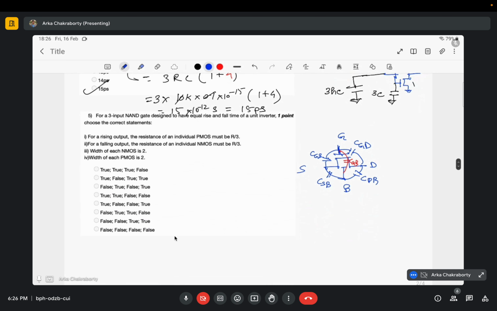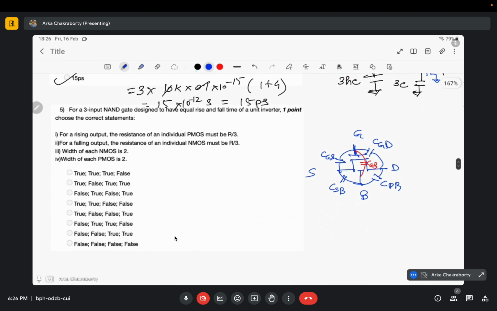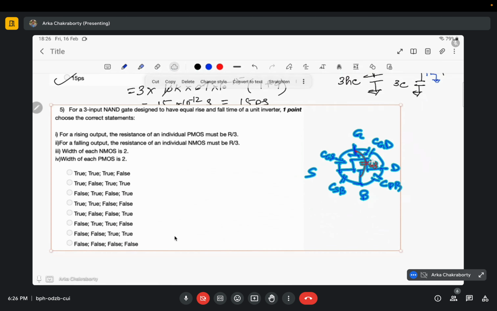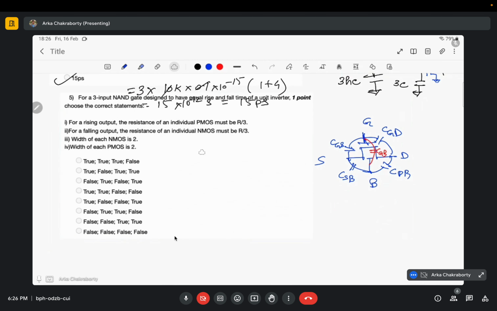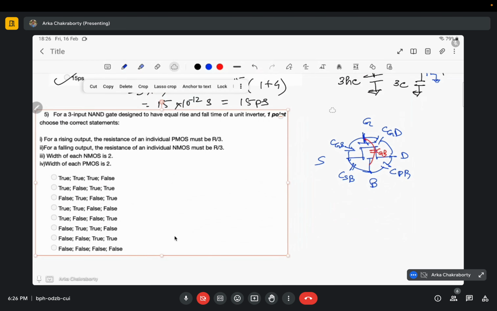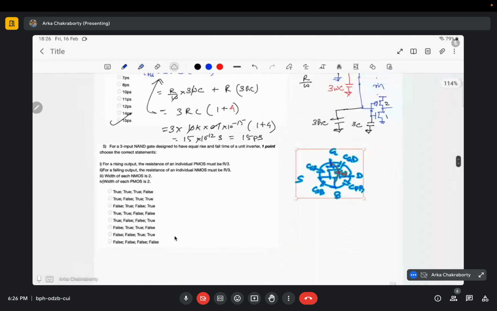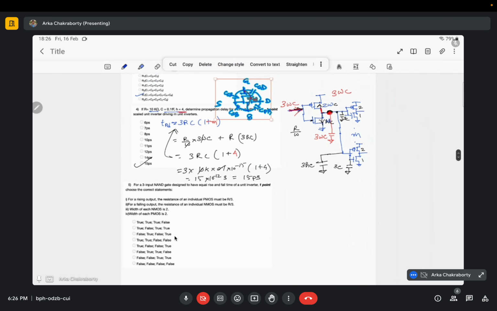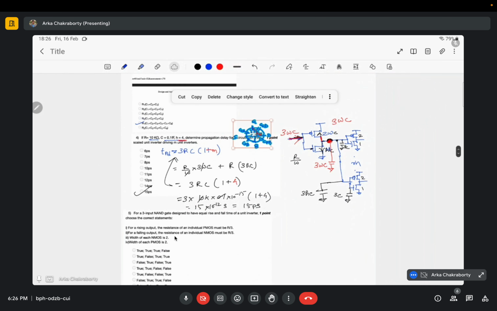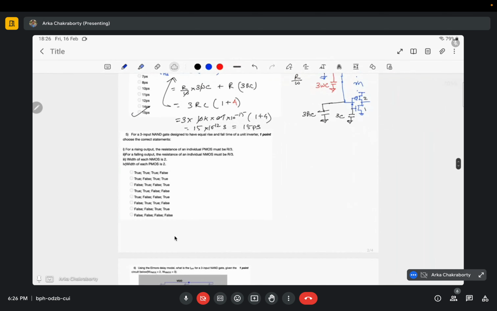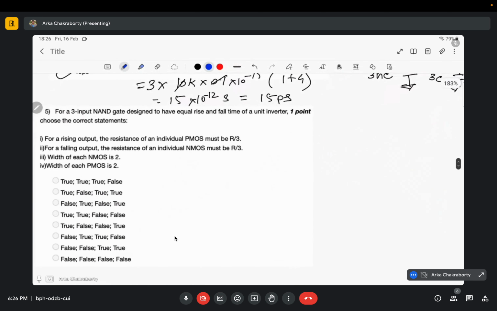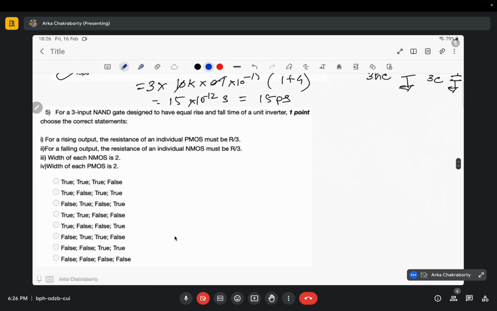Okay, moving forward. The next question is, for a 3 input NAND gate designed to have equal rise and fall time of a unit inverter, choose the correct statements. So let us first draw a 3 input NAND gate.